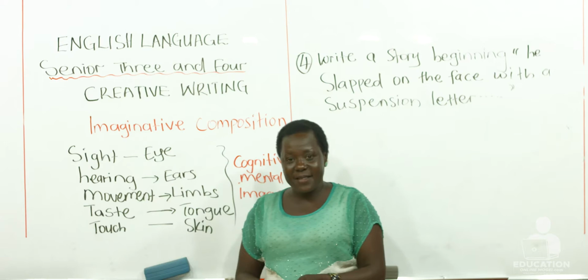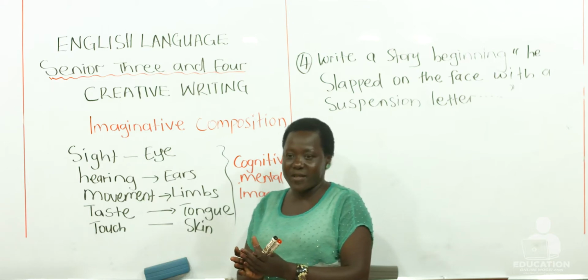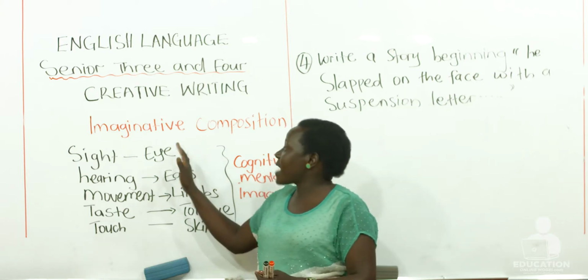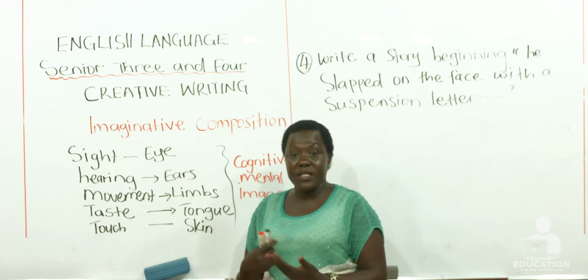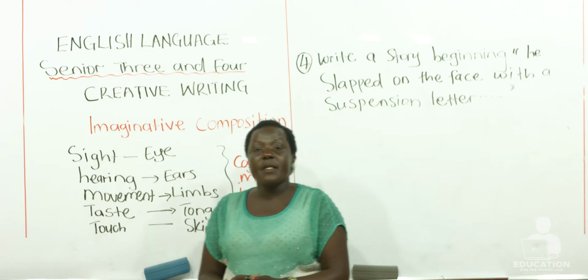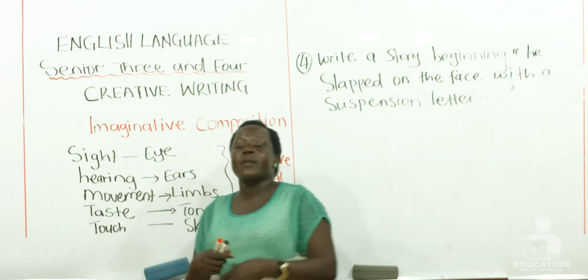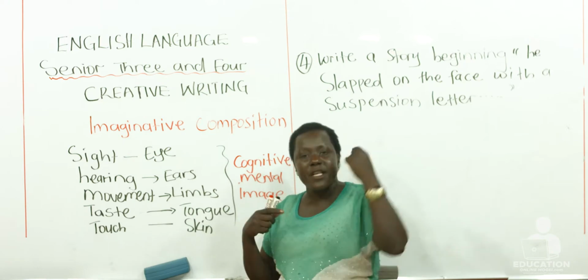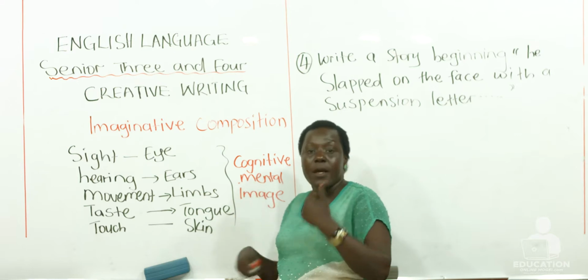So my dear learners, I think up to this level, you have now got the whole concept of how to write imaginative composition. I said, one, imaginative composition is a type of composition or story which is created from the senses. Our senses are generated from the brain, which we call cognitive or mental image.